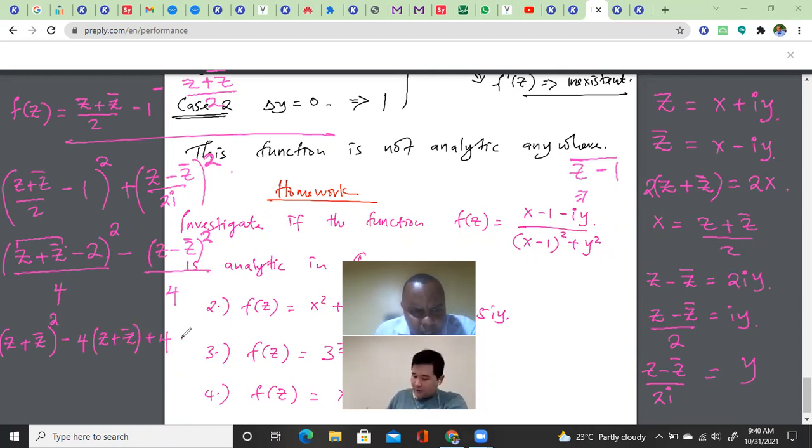And then minus (z − z̄) squared. Do they cancel out? No, they don't, because one of them is minus, the other one is plus.